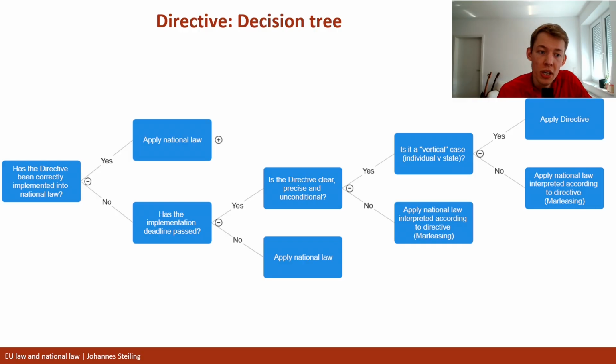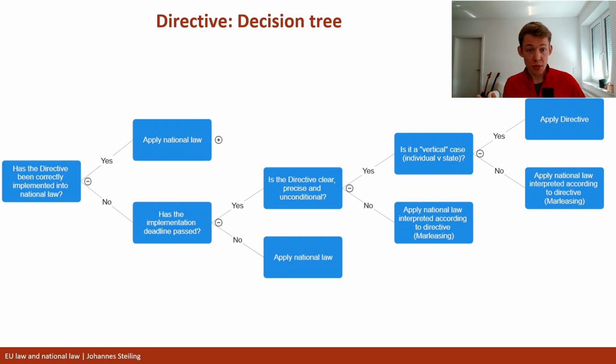So we would only apply national law. We would not disapply national law, and we would not interpret in accordance with EU law, in accordance with the directive, because the ECJ has held that even the need to interpret according to the directive is only there if the implementation deadline has passed. So we would just apply national law.